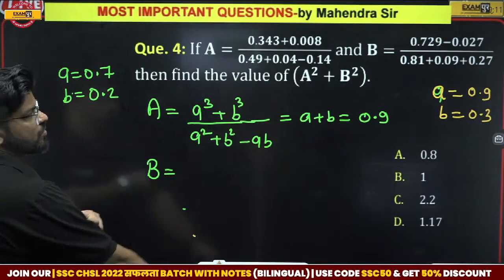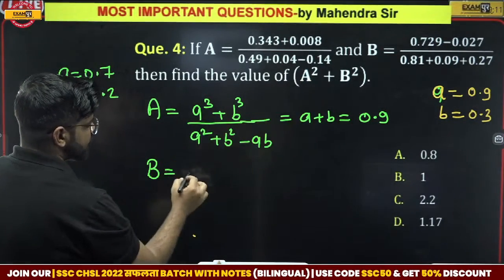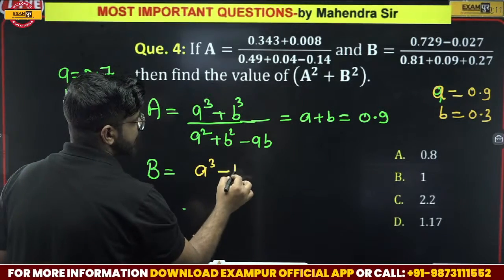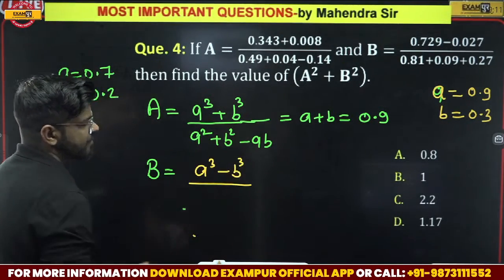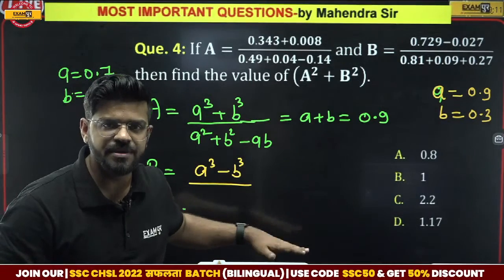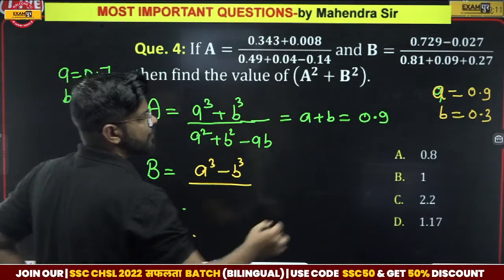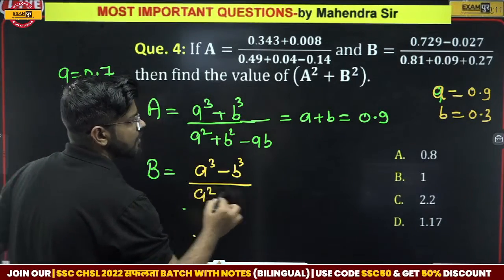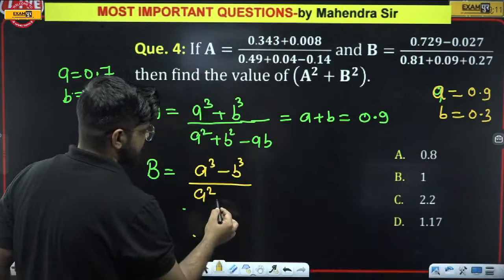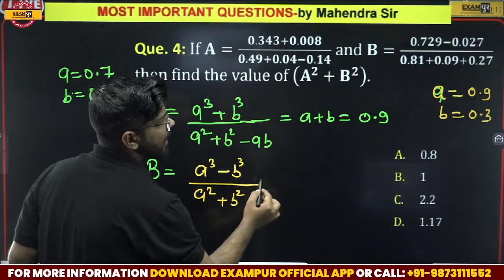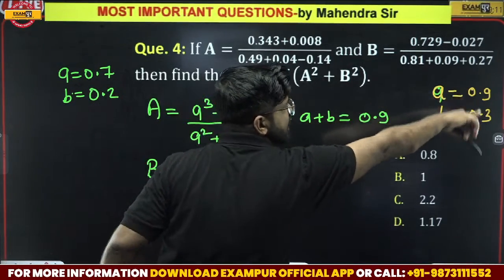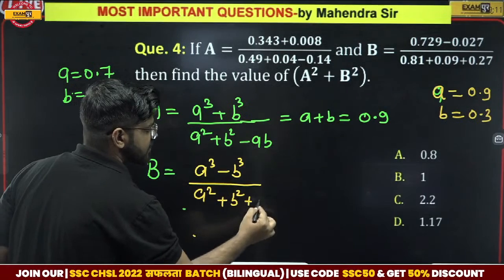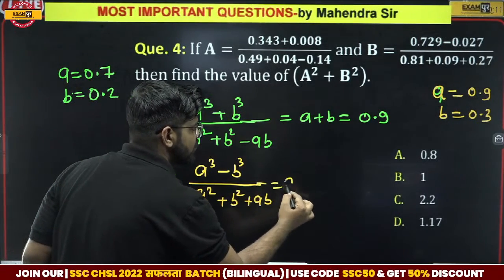We have a cube minus b cube divided by a square plus b square plus ab. 9 3s are 27, right? So plus ab. That means this will give me a minus b.